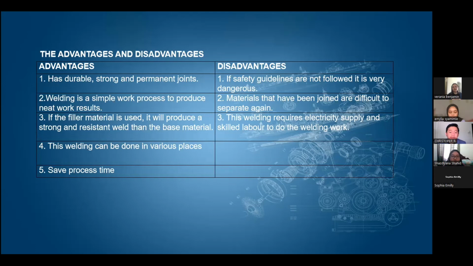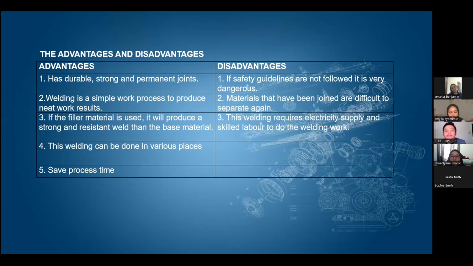The fourth is that welding can be done in various places, so it means the welder can weld in a specific space. Last one is it saves time, so the welder welds the equipment in a short time and will save time for the worker.